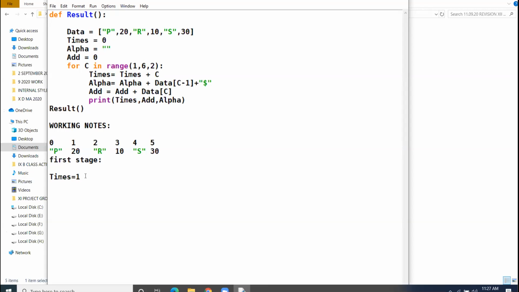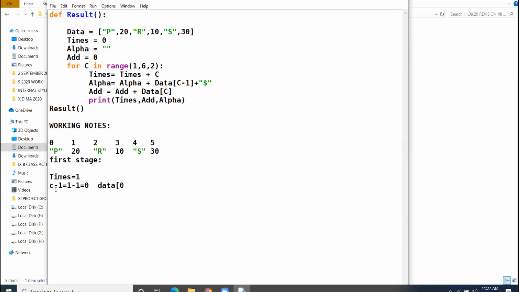Times is 1. Next, alpha is an empty string plus data of C minus 1. The value of C is 1, and 1 minus 1 is 0.